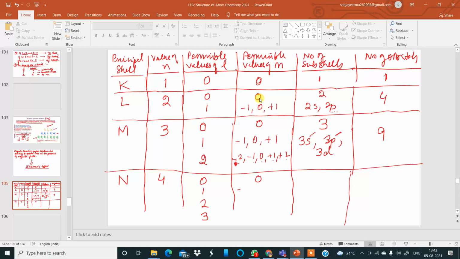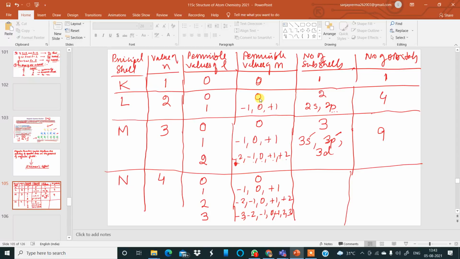For 1 it will be minus 1, 0, plus 1. For 2 it will be minus 2, minus 1, 0, plus 1, plus 2. For L equal to 3 we have minus 3 to plus 3: minus 3, minus 2, minus 1, 0, plus 1, plus 2, and plus 3.